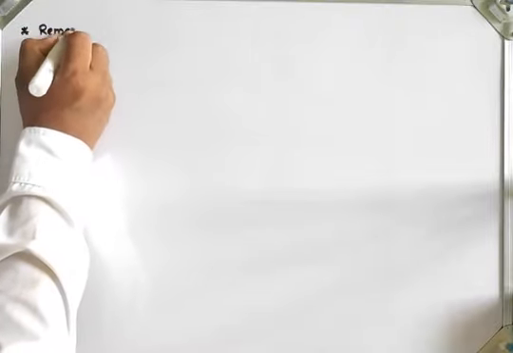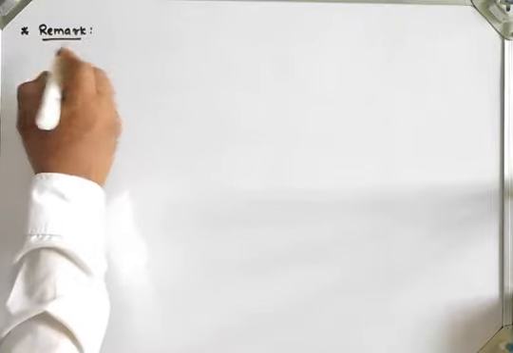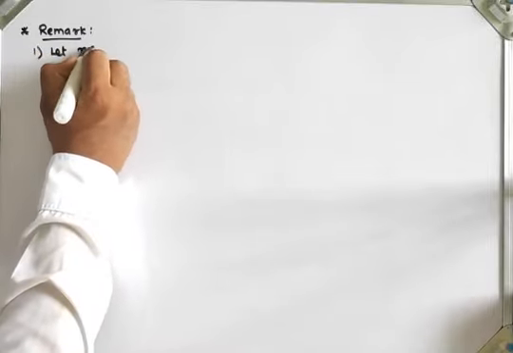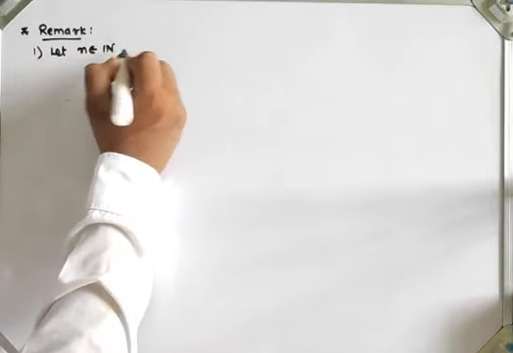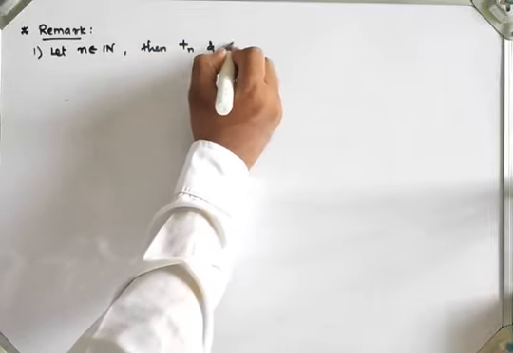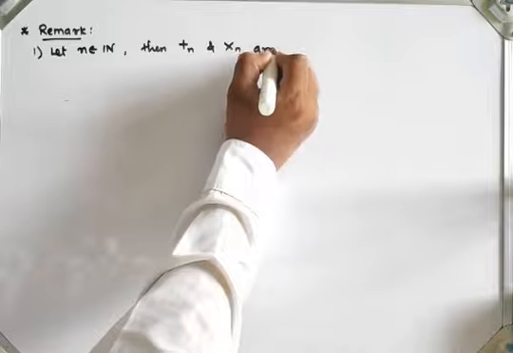Let's see the remark. First, let n belong to the set of natural numbers. Then addition modulo n and multiplication modulo n are well defined.